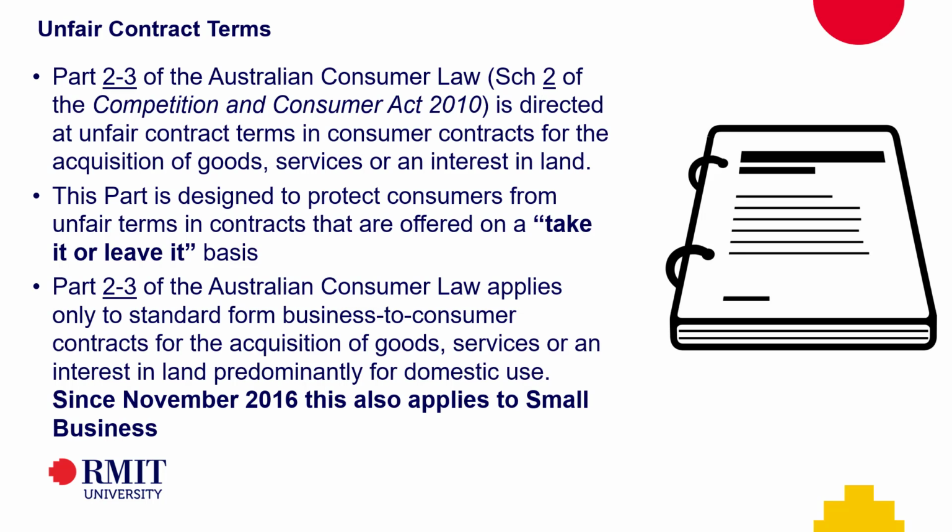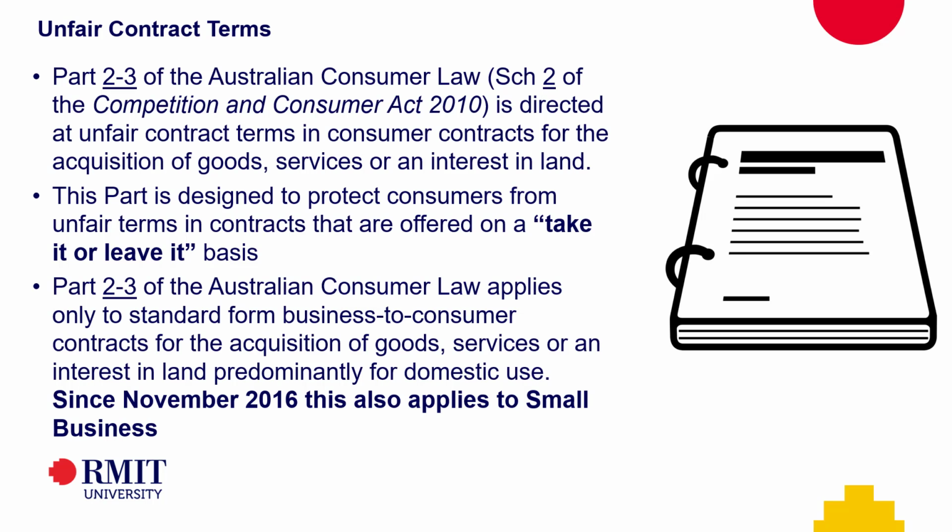So things like your contract with your utility provider, your gas, electricity, your telephone, probably your house and contents insurance, residential property insurance, your mortgage, although a mortgage is a financial product and will be under similar provisions in the ASIC Act, or actually the Consumer Credit Code.